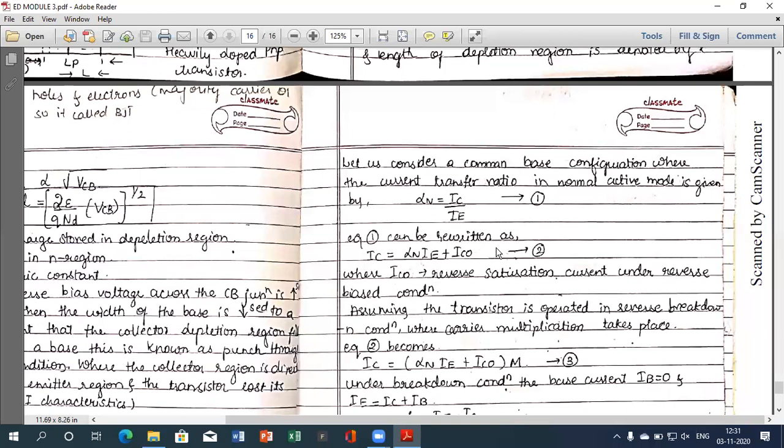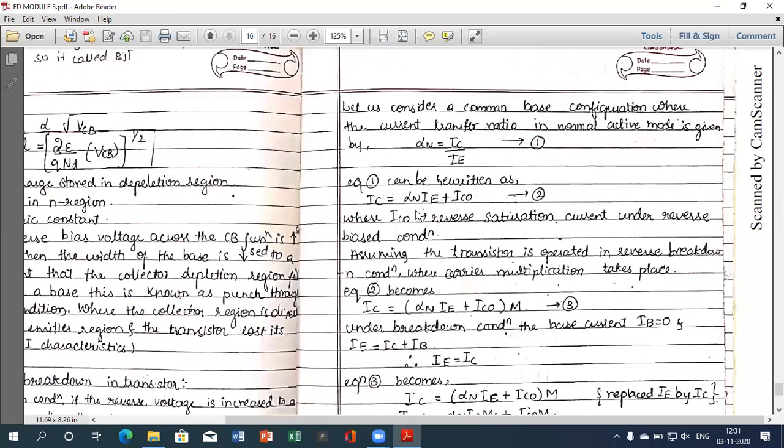Now equation 1 can be rewritten as IC equals alpha N into IE plus ICO. In this equation, ICO is neglected because it is the reverse saturation current, and compared to other values it is very small.